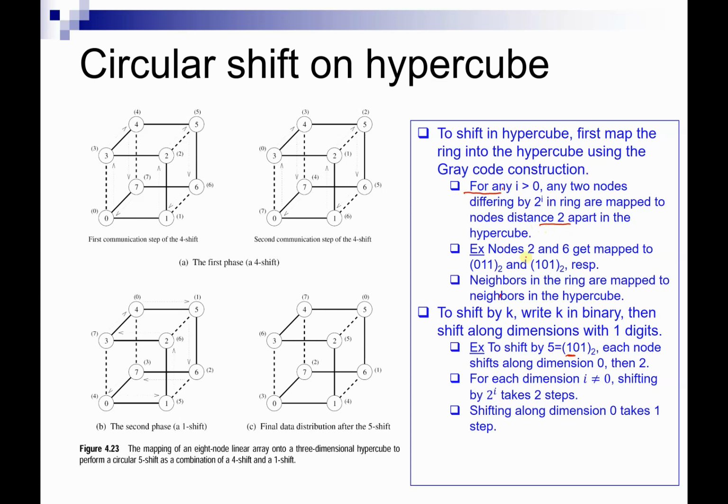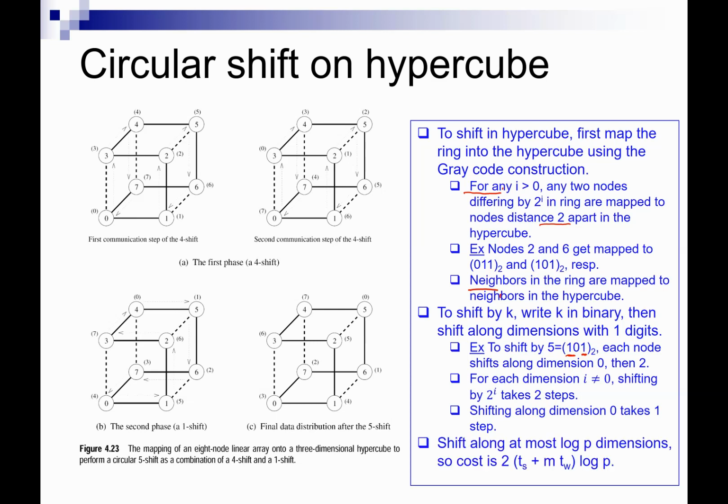For example, if you want to move 2 to 6, you just need to travel from node 0, 1, 1 to 1, 0, 1. So that's a distance of 2. Every time you have a dimension different from 0 with a 1 in that dimension, you only need to take 2 steps. Then we also need to shift in the 0 dimension, and here you only need to take 1 step, by this property.